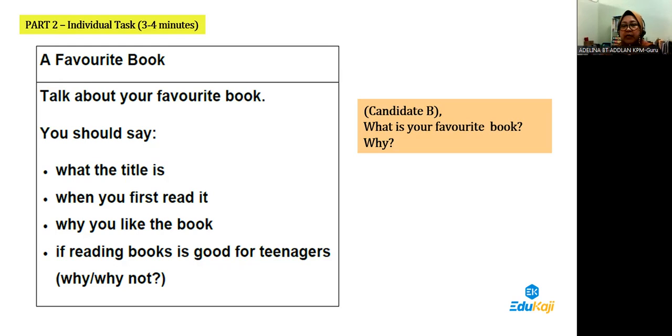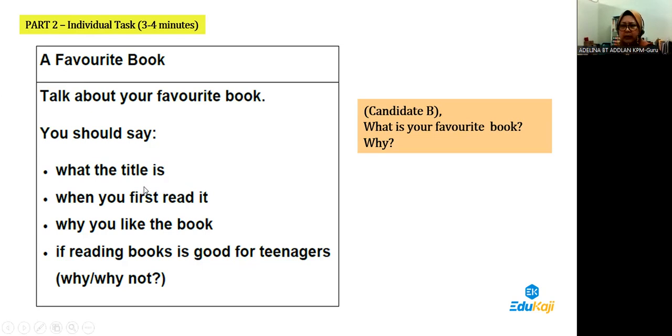For example, if the question is asking about your favorite book, so what book do you read? Usually we don't use a textbook as a favorite book. My suggestion would be a storybook, a comic probably, that you constantly read at home. For example, what is the title of your favorite book?